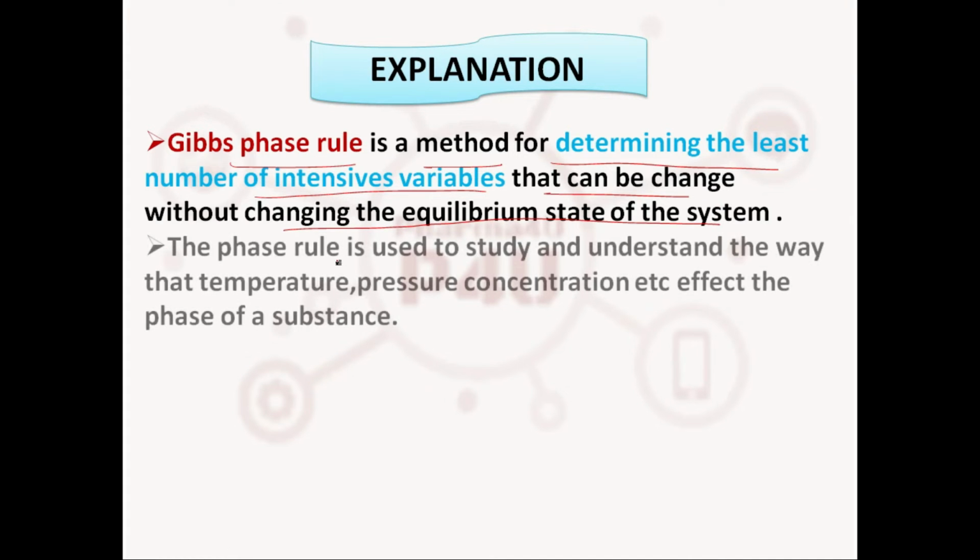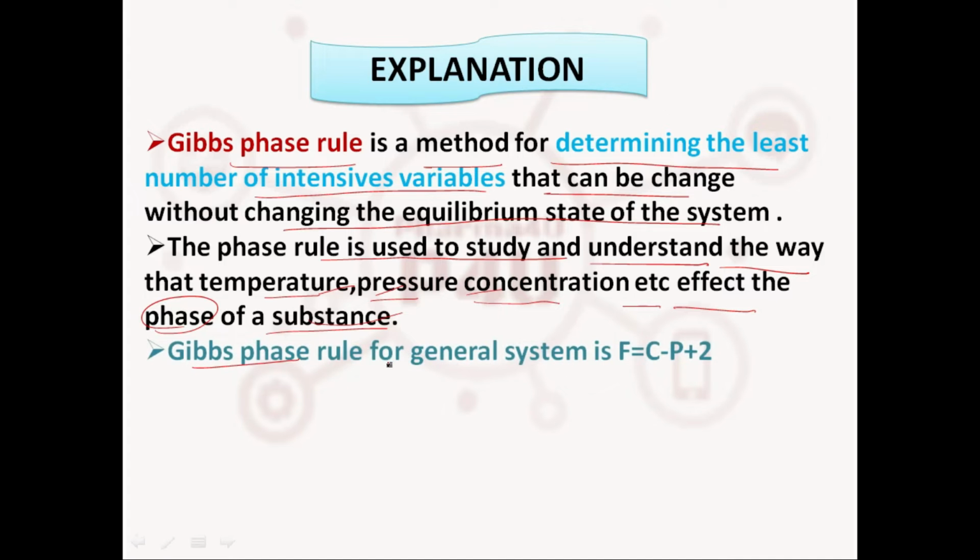The phase rule is used to study and understand the way that temperature, pressure, concentration, etc. affect the phase of a substance. And the Gibbs phase rule for a general system is F is equal to C minus P plus 2.